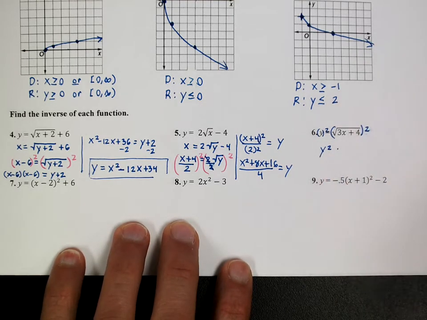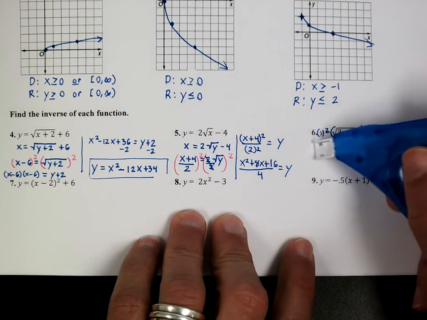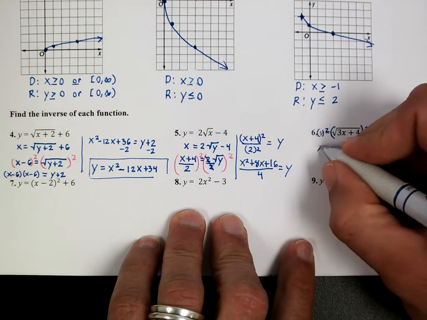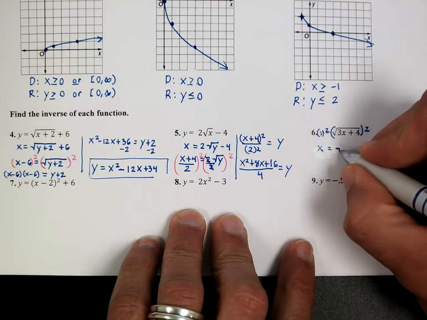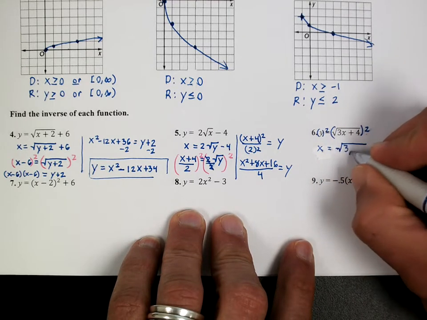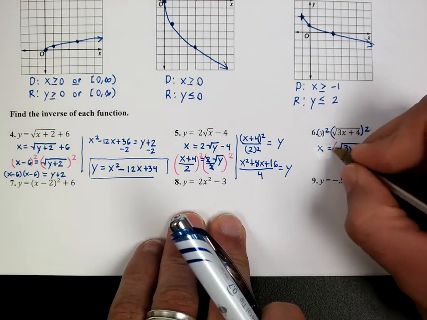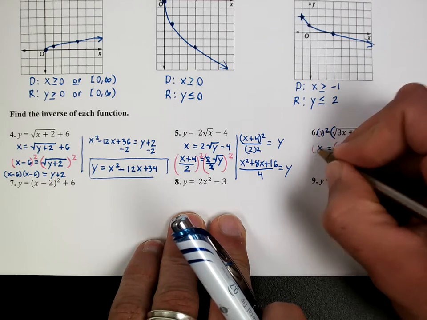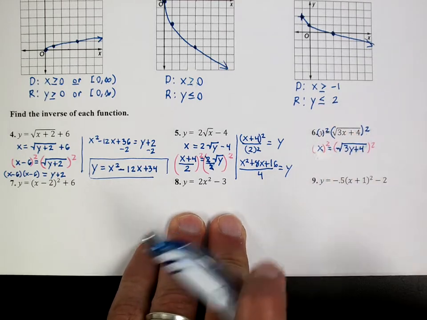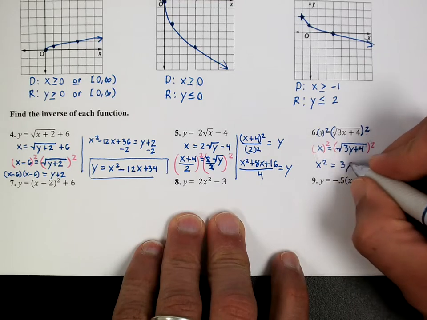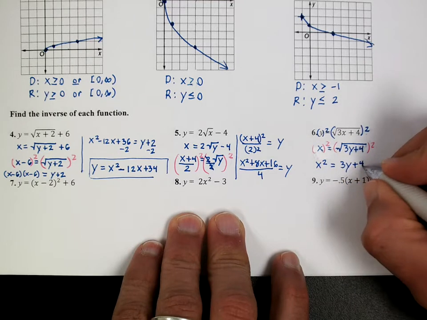Excuse me, I forgot to do this first. My bad. Let me rewind on that. First of all, I have to write this as x is equal to the square root of 3y plus 4. Now I can go ahead and square it. So this would be x squared is equal to 3y plus 4.